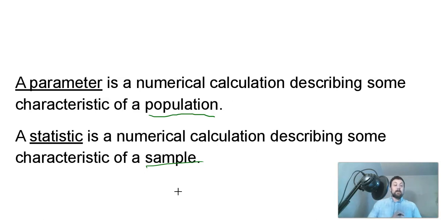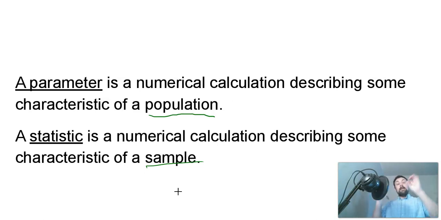For most scenarios in this course, like 99% of the time, we will be working with samples because collecting data from an entire population is often impractical and maybe even impossible. So most of the calculations we do in this course will be statistics and not parameters.